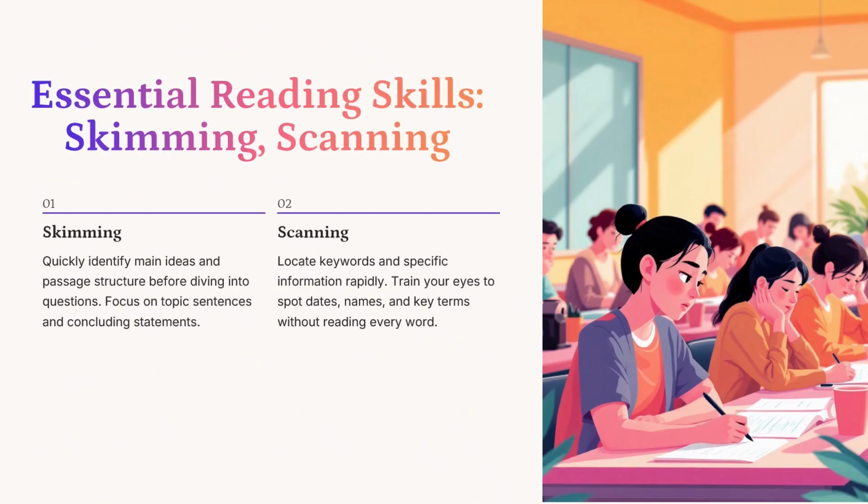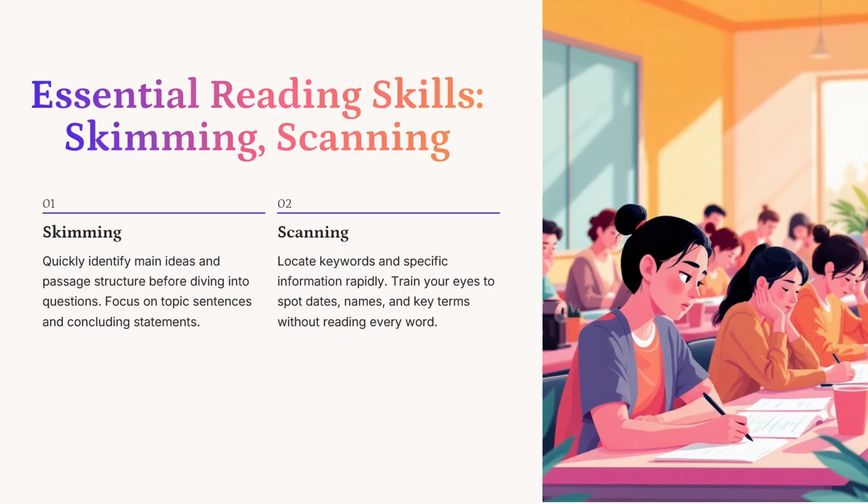Okay, great. Now let's talk about two skills which are very important in reading tests: skimming and scanning. I will give you a short introduction here, but I will teach you completely both of them in future videos.